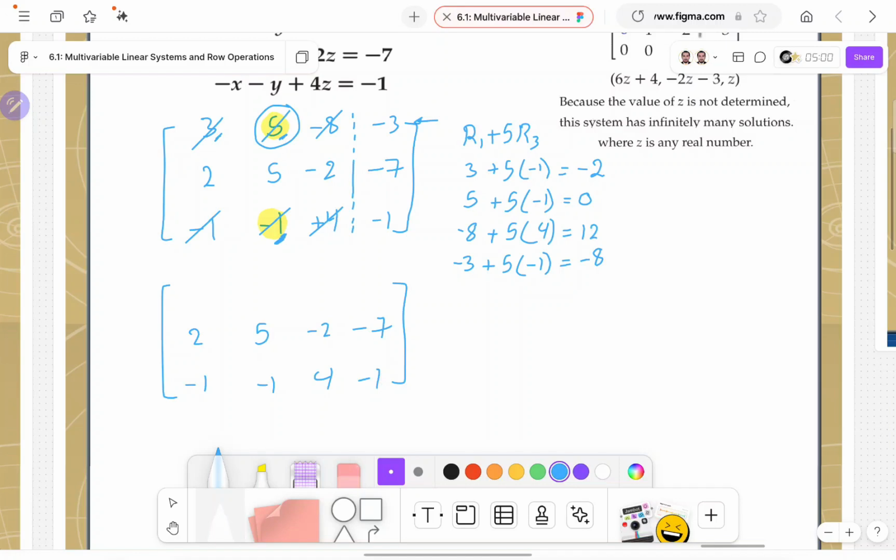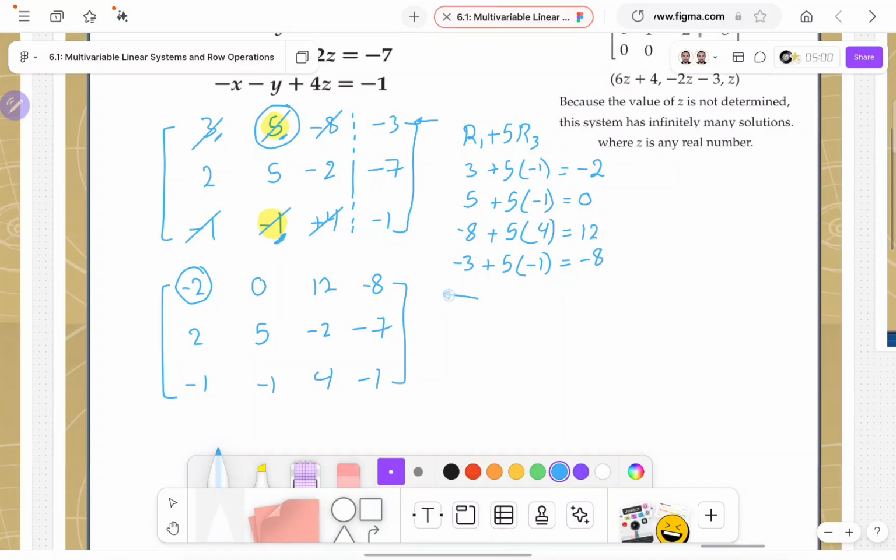Okay, so now let's do it together. So negative 2, 0, 12, negative 8. Now check this out. As you can see, this value is still equal to negative 2. It's not 1. But as I told you, I can divide the whole row 1 by the same number.